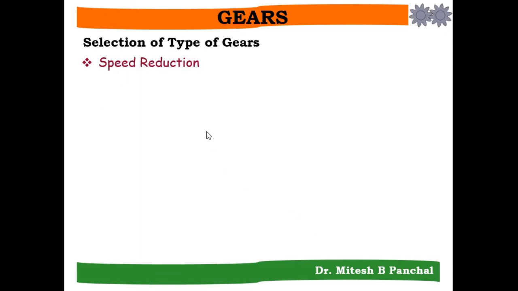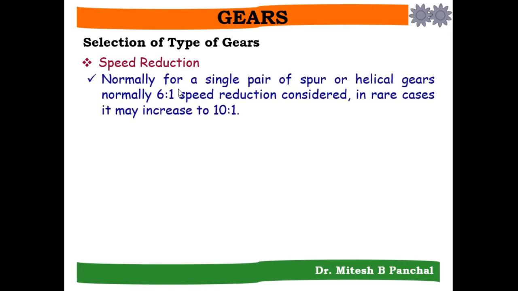Speed reduction. Normally, for a single pair of spur or helical gears, 6:1 speed reduction is considered. In rare cases, it may increase to 10:1.